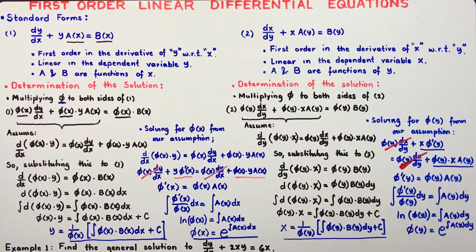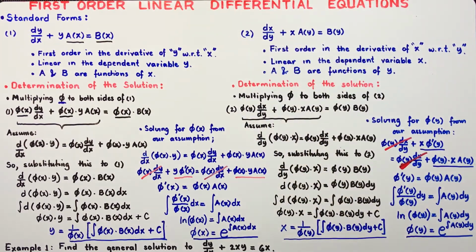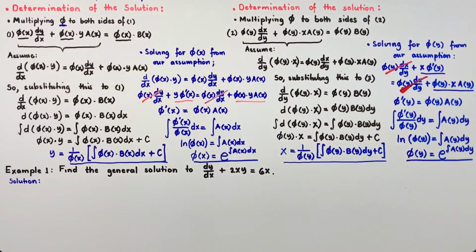And this is our integrating factor, phi of y, that we need for our solution for standard form number 2, which is linear in the dependent variable x, and it is first order in the derivative of x with respect to y. And applying this to an example, we have example 1 here.